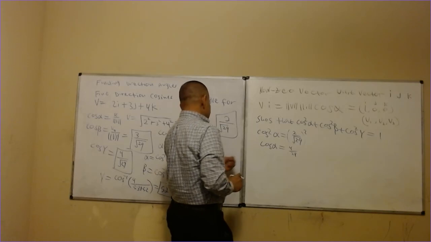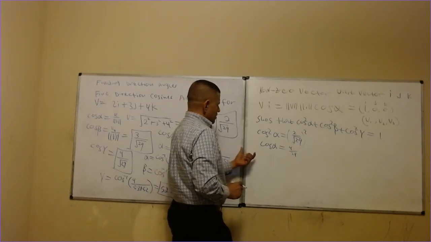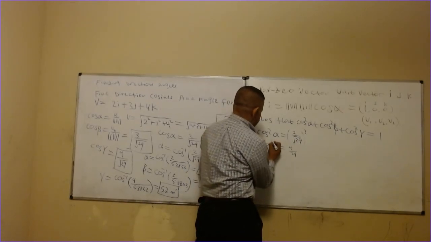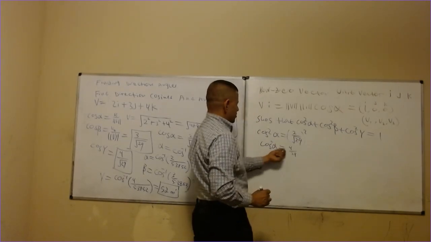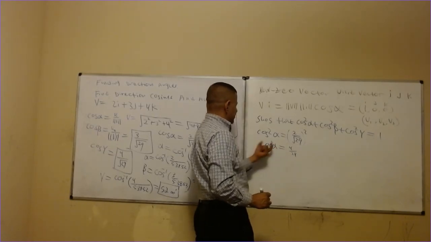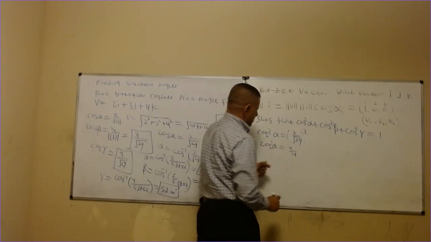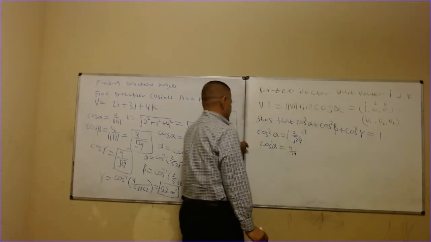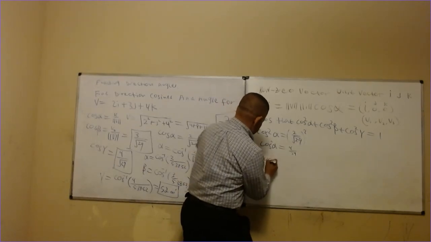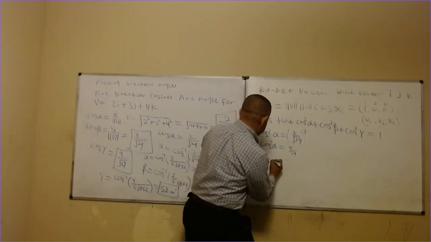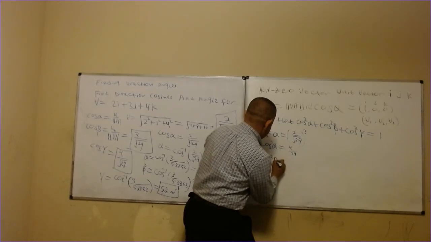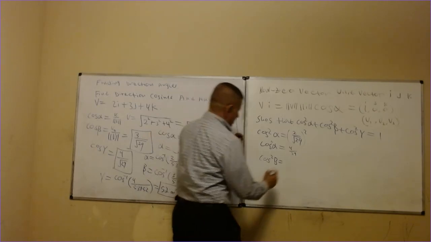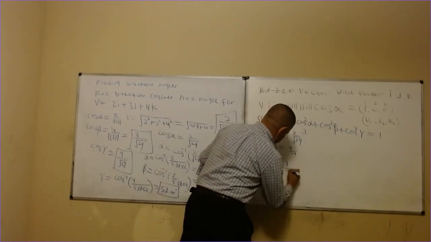If I substitute this value here and square it, I'm going to get this. And then the cosine of beta, which is going to be the next one, is 3 over the square root of 29.